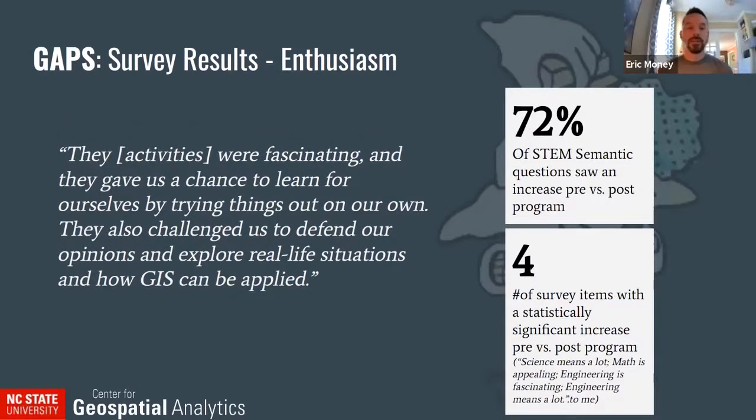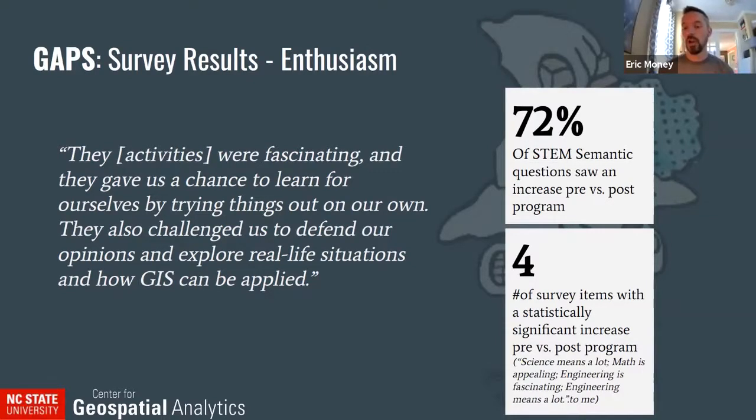In terms of enthusiasm, again, another quote here from a student on the left. 72% of the STEM semantic questions on that survey saw an increase on their scale when comparing pre-GAPS program versus post-program. And 4 of those survey items had a statistically significant increase pre versus post-program.